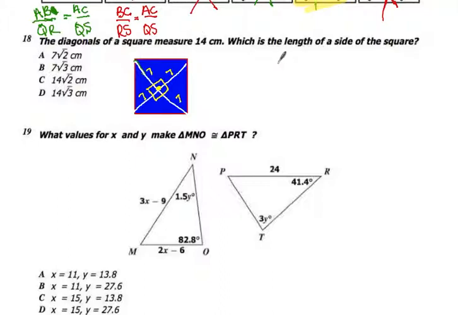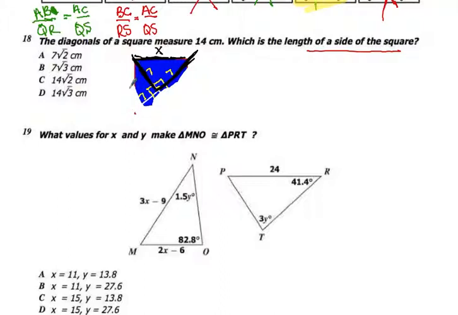Then the question is, which is the length of the side of a square? Okay, so let's just look at one part. Let's just look at this triangle. We want to know what that is up there. I'm just going to kind of white out down here.